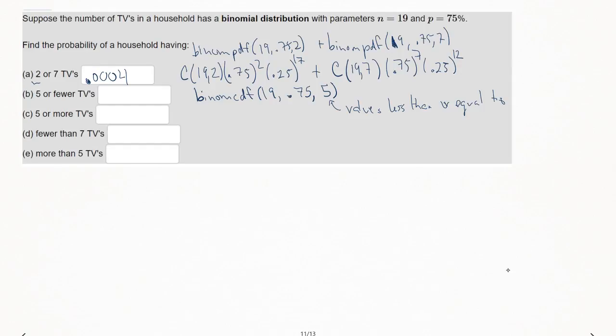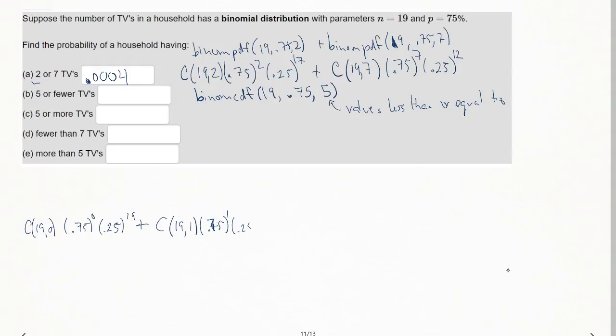To give you an idea of what we were doing: C19, 0 times 0.75 to the 0, 0.25 to the 19th, plus C19, 1 times 0.75 to the 1, 0.25 to the 18th, plus C19, 2, 0.75 squared times 0.25 to the 17th, and so on, all the way up to C19, 5, 0.75 to the 5th, and 0.25 to the 14th.